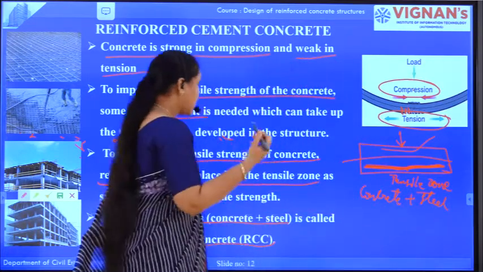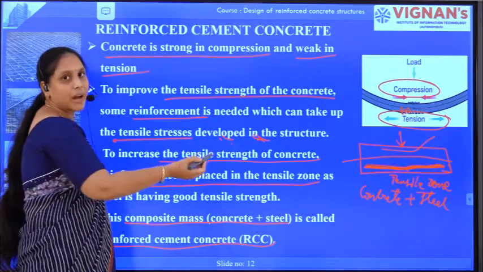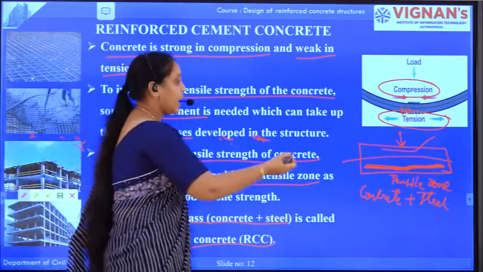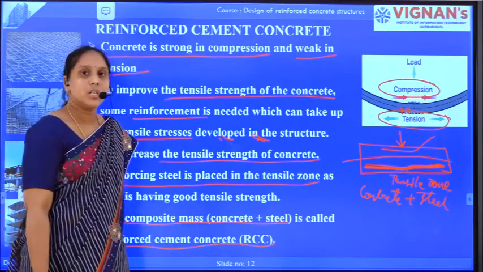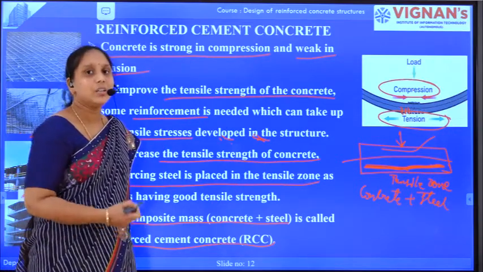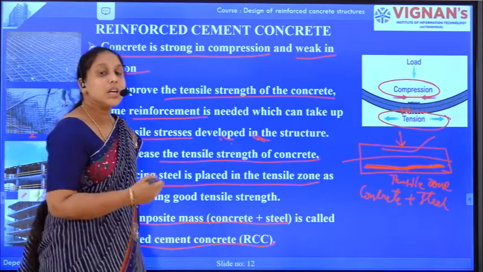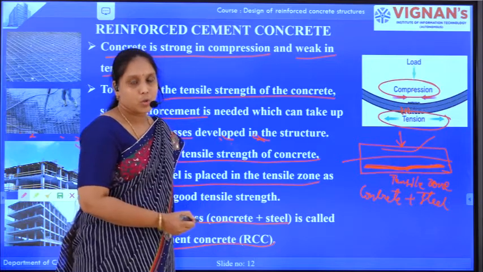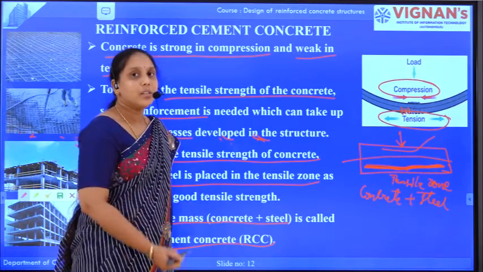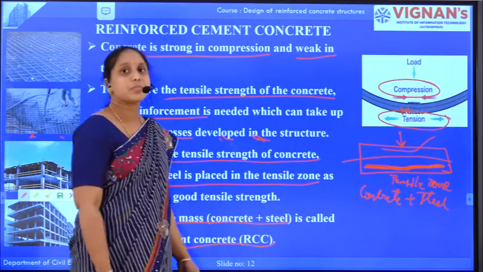This composite mass of concrete and steel is called reinforced cement concrete, RCC, because we are reinforcing the plain cement concrete with some reinforcement.